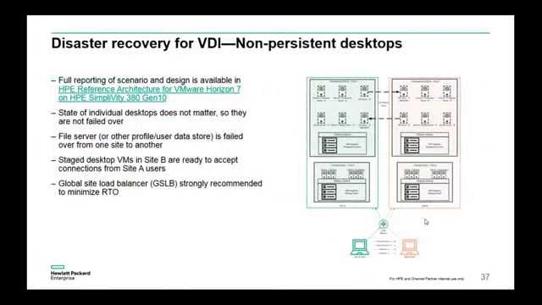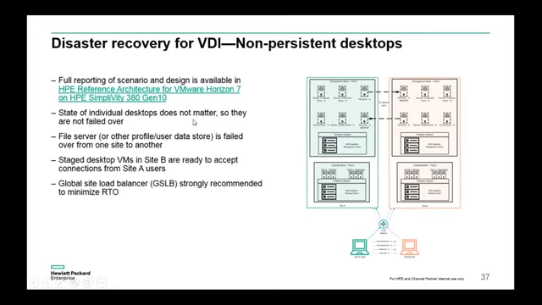Anyhow, let's move forward. Disaster recovery for VDI non-persistent desktop. I think this screen is very important. There might be some questions from this screen. The full reporting of scenarios and design is available in the HP reference architecture for VMware Horizon 7 on HP SimpliVity 380 Gen10. You can even Google this one and you'll get it.